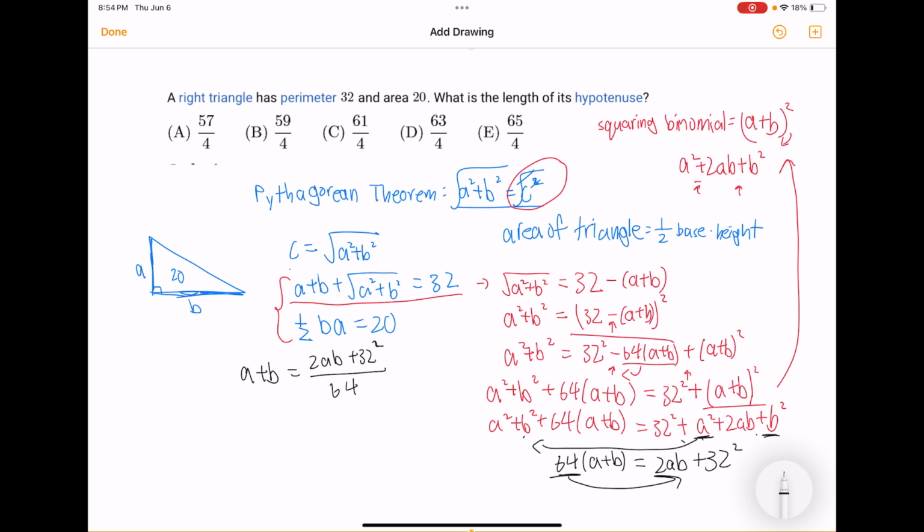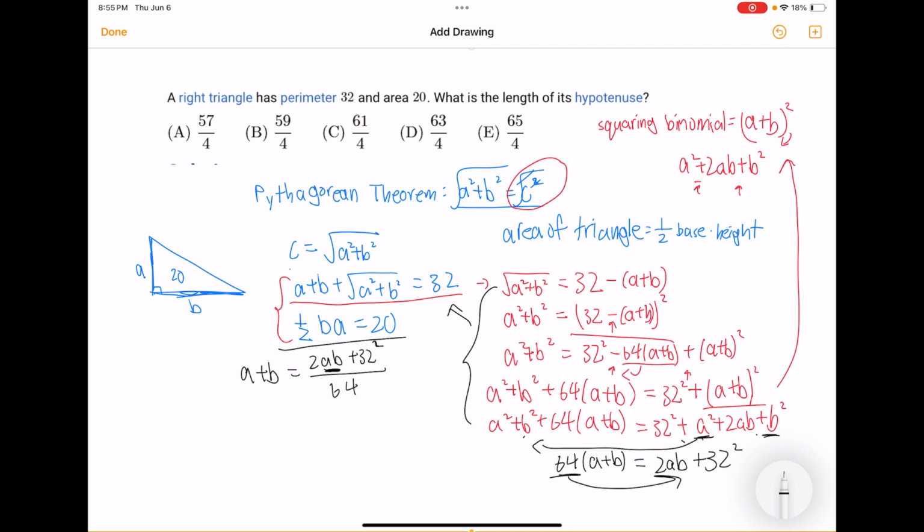that a plus b equals 2ab plus 32 squared over 64. And we have an ab in the equation that we're trying to solve for. And then we also have this second equation that we have not used yet. Keep in mind that all of this comes from the first equation. We haven't used the second equation yet.